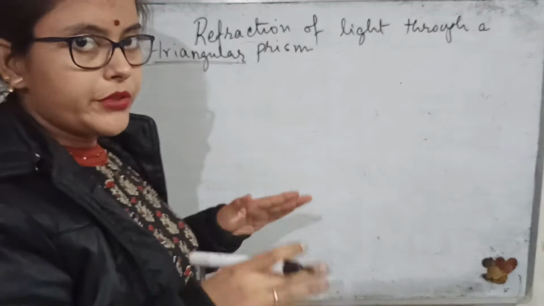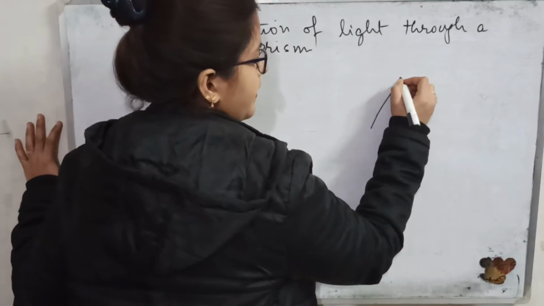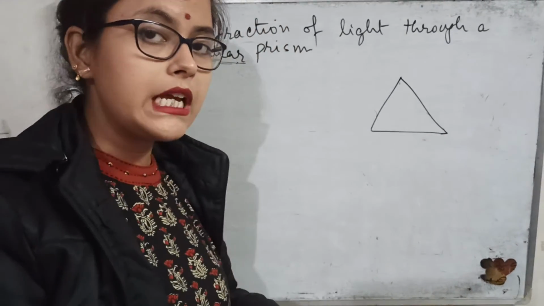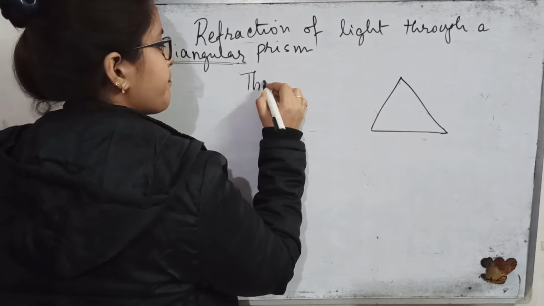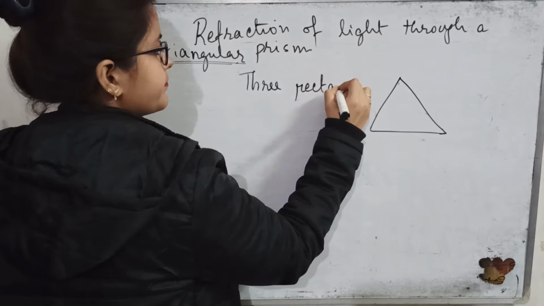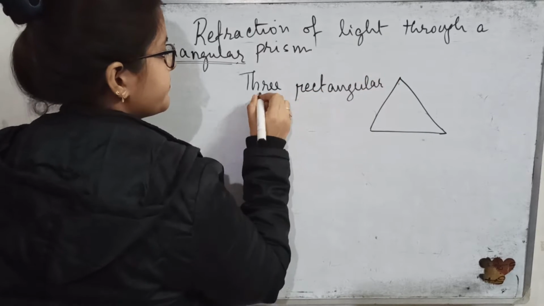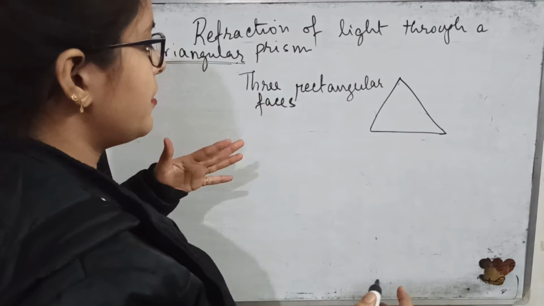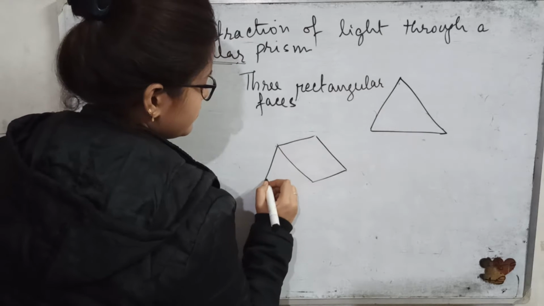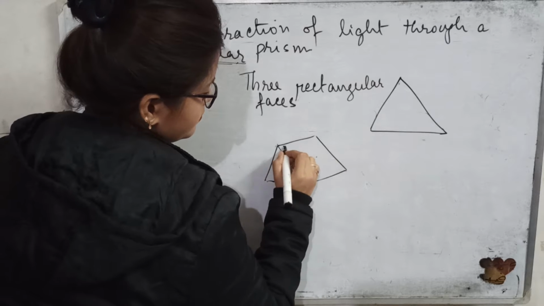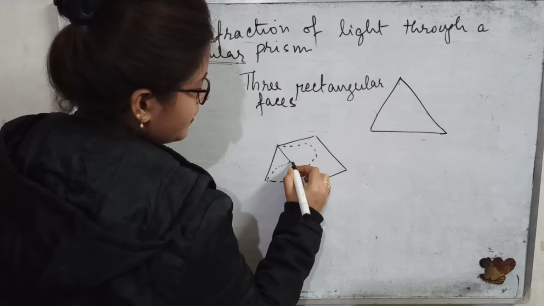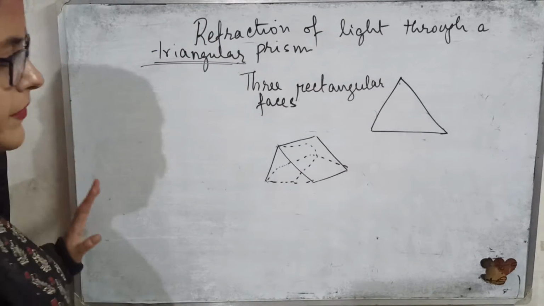Now our triangular prism is formed by three rectangular faces. Three rectangular faces, that is, here is one, here is one, and the base is the other, right?